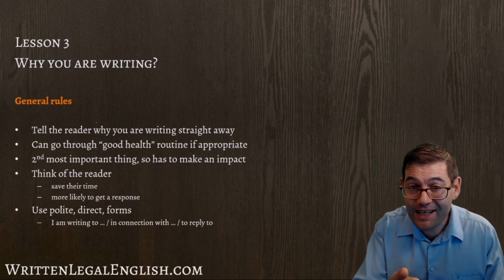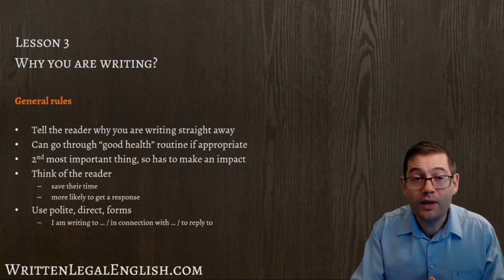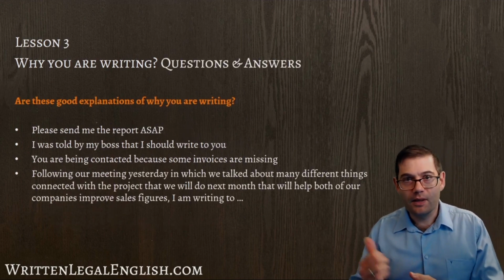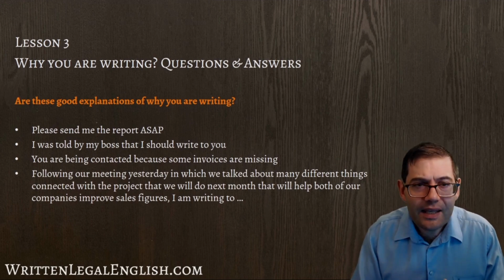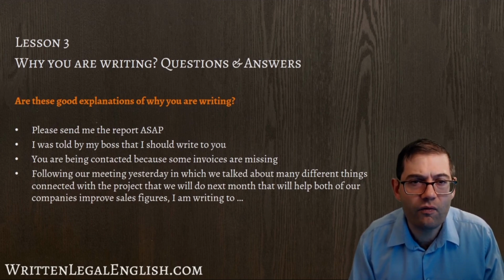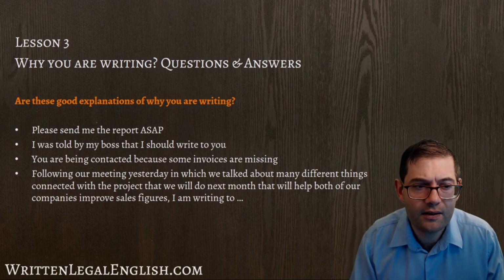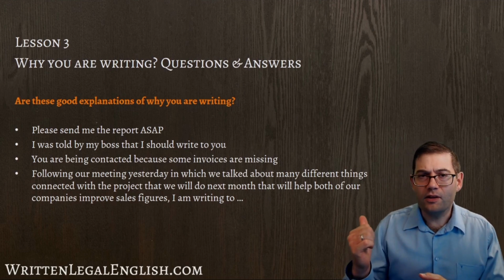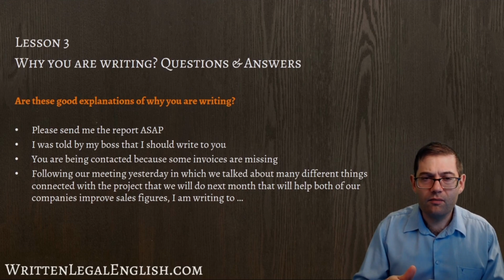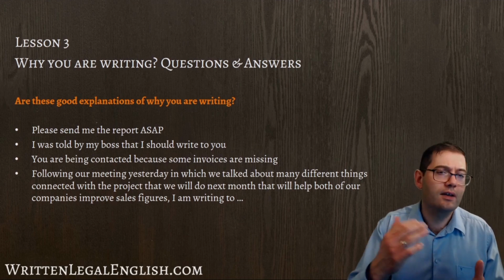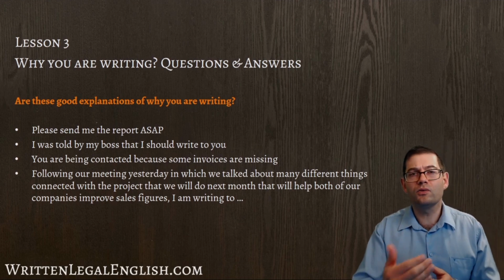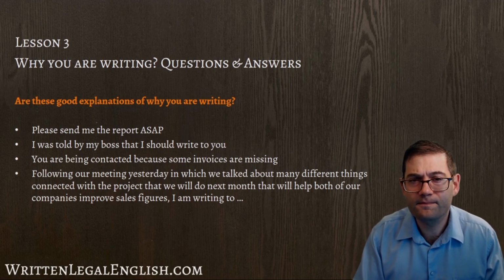And that is key. Because now we're going to have a look at some examples behind me. And I want you to think, are these good explanations of why you are writing? Have a look at them. Pause the video here. And then once you've decided if these are good explanations or bad explanations, come back to this video and I'll talk you through them.